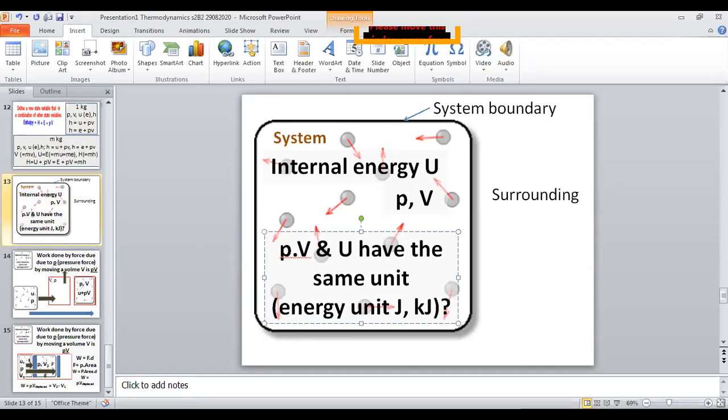So what is this PV? For U, we have some understanding. Why is U connected with PV, and why define the term U plus PV as enthalpy? Those questions we need to get answers for.